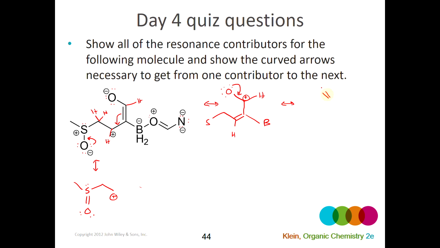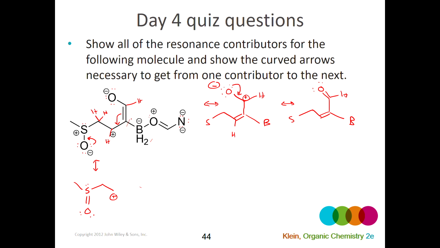We're now forming a CO double bond. And now I don't have any formal charge on that area. So there's a fair amount of resonance right up in this area, as well as between the sulfur and the oxygen. So then let's look over here.